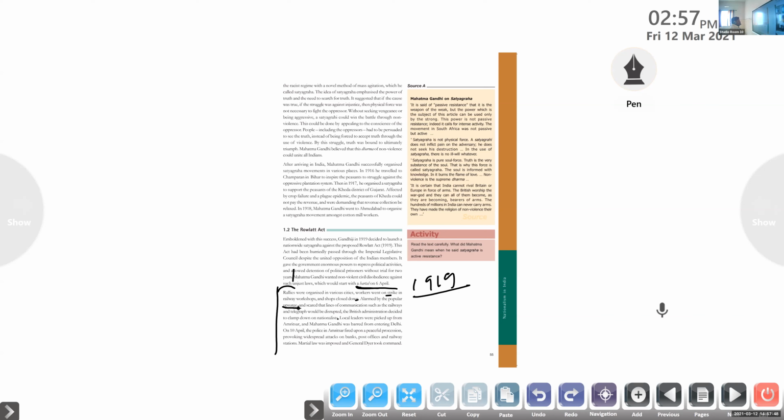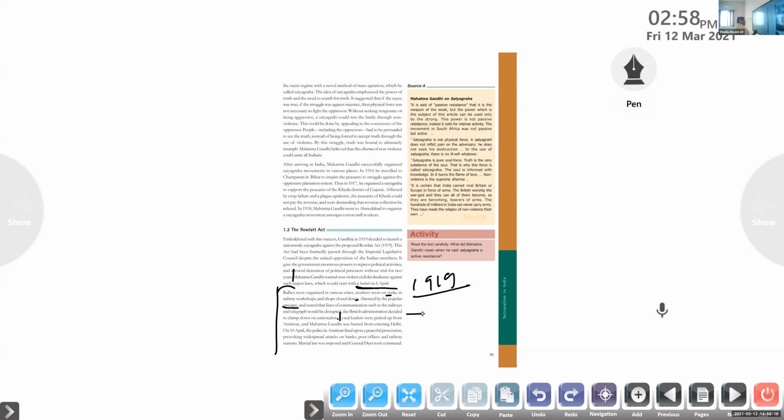This is the answer for the next question: what are the after effects of this Rowlatt Act? Local leaders were picked up from Amritsar. Mahatma Gandhi was barred from entering Delhi; the police department warned Gandhi not to enter Delhi.